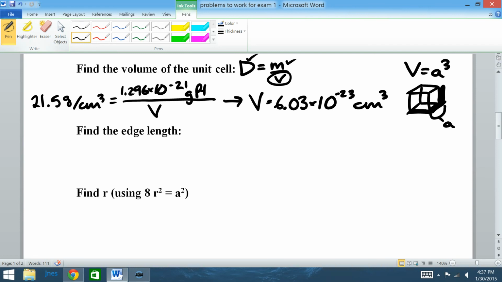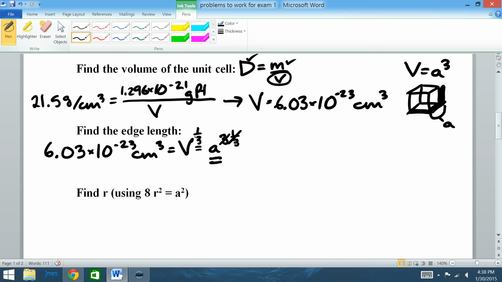So I know the volume and I need to find A. The volume we just found as 6.03 times 10 to the minus 23rd centimeters cubed, and that's equal to V. Now V is equal to A cubed. So if I want to get to the A, I need to take V to the 1/3 power. That cancels out this 3 exponent, and that's going to be 6.03 times 10 to the negative 23rd to the 1/3 power. That's going to equal our value for A, edge length.